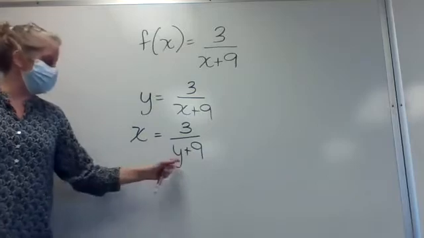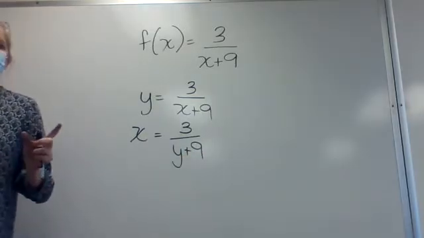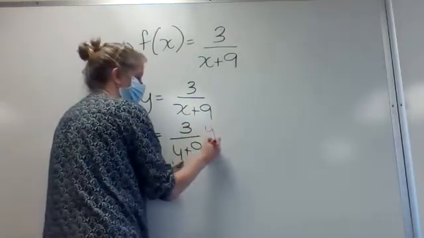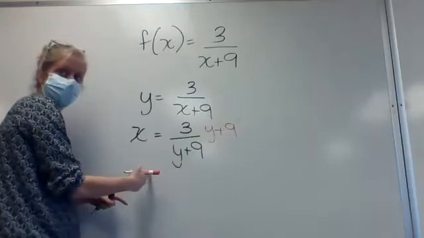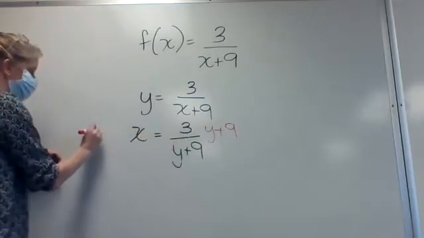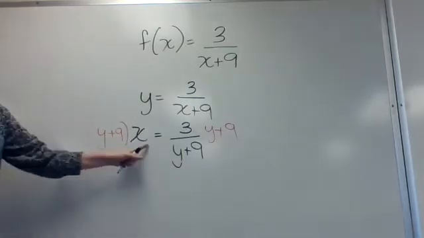Which means whatever that denominator is, multiply both sides by that, because what that's going to do over here is cancel that. If I do it here, I have to do it on this side also, right?